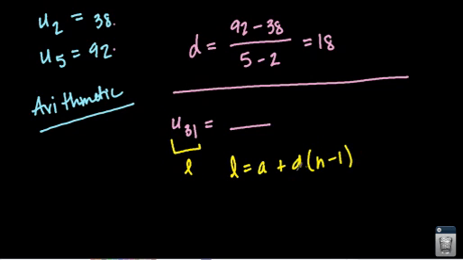If I make 31 my last term, I can plug in different information. I know that d, my common difference, is 18. And if I'm making 31 my last term in this sequence, that means from 1 to 31, there are 31 terms.